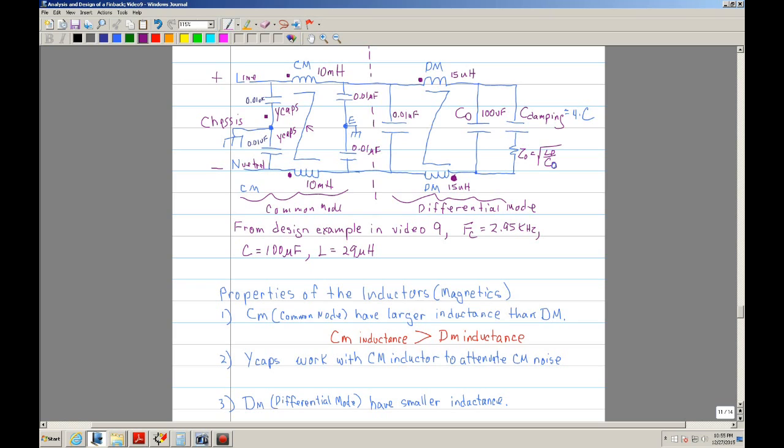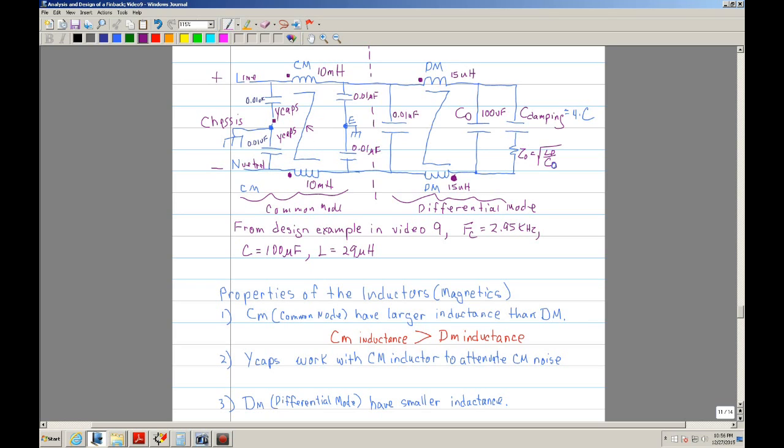In this schematic, I have them at the input. Now there's a disadvantage of having them directly at the input, but I'm using this topology because this filter design is from one of the books, I believe Power Supplies A to Z, and he uses this in his explanation of the filter, so I'm going to use his topology.